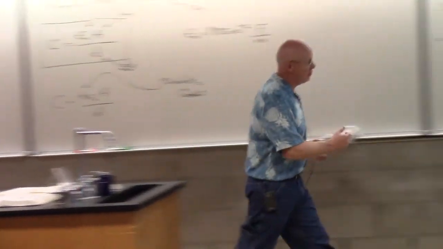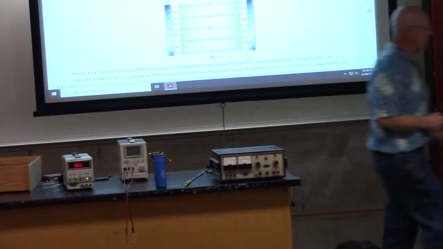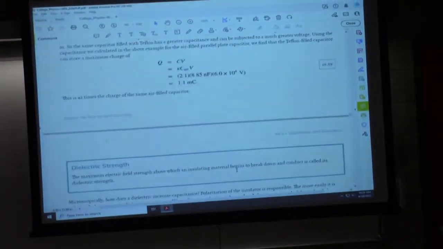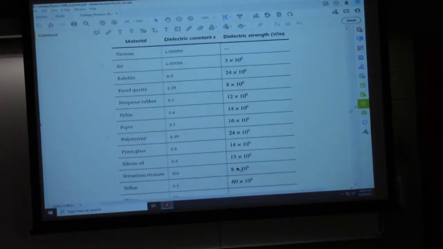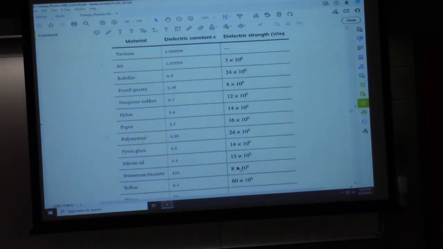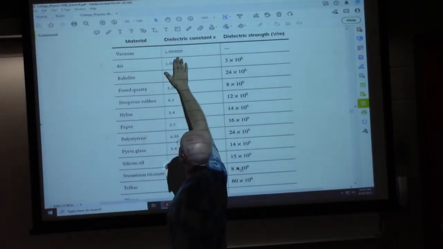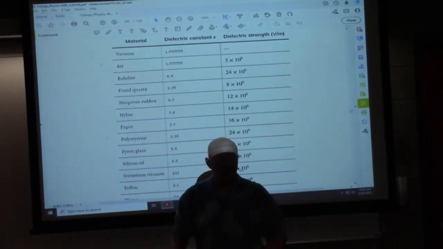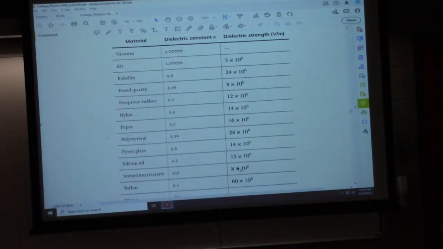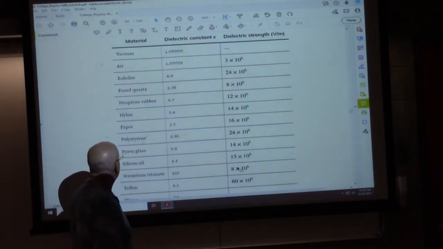Well, let me show you then a table, because you'll need this for different problems. Your author has this nice table here that says, what is this dielectric strength here? And so notice then that at the beginning he says a vacuum would be 1, and that kind of makes sense. That would be the capacitance for a parallel plate; you would just put a 1 right there. And then all the other things would be slightly greater or even much greater than 1.